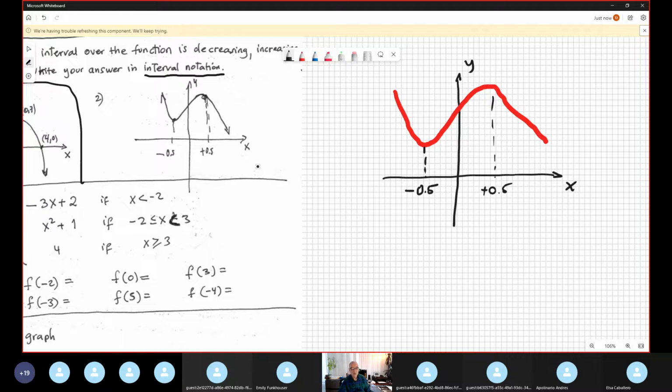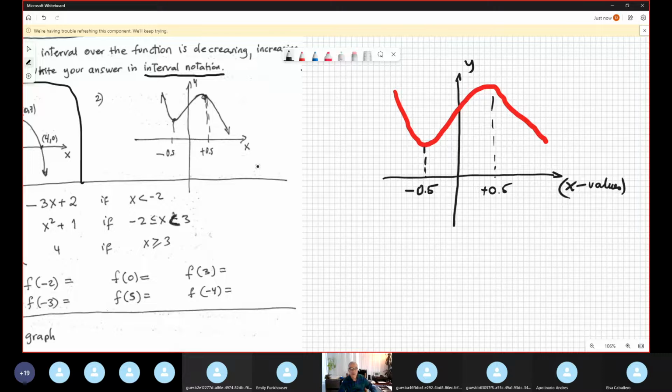I need to determine in what interval it is increasing, decreasing, or constant. Well, constant, no, because constant is flat. I don't see any flat. I see it's going up, going down, going up, going down. What is the interval, in your opinion? Remember, we always use the x value.